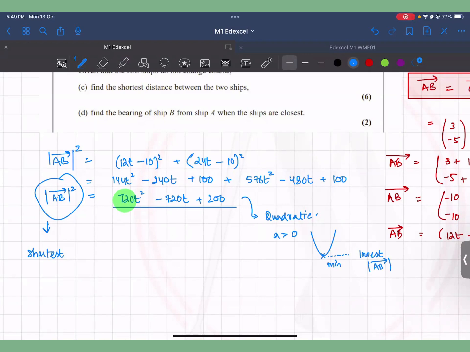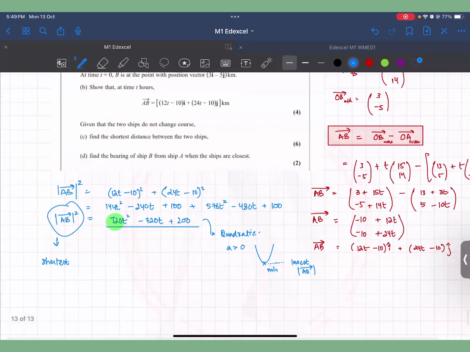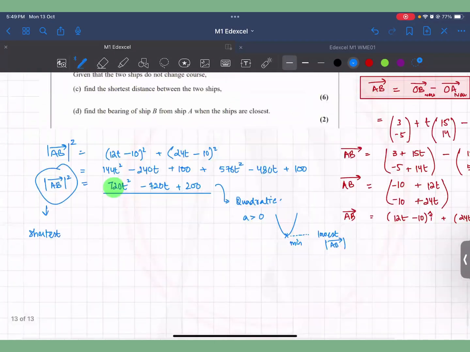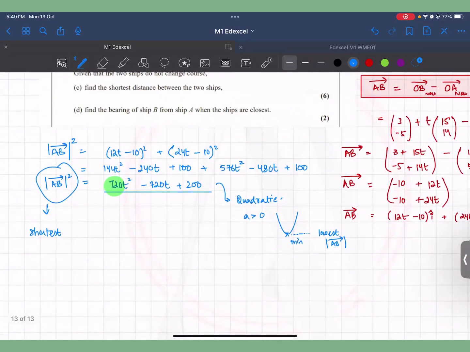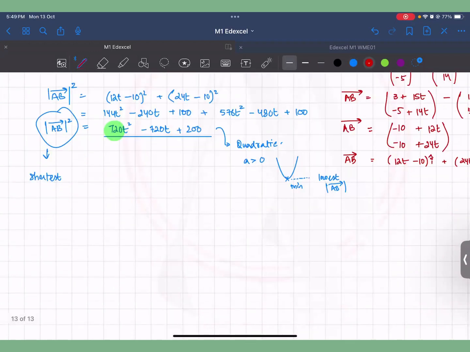So what would you do? You would need to find the turning point of this quadratic. And how do you find a turning point? You can find it using differentiation or using completing the square form.